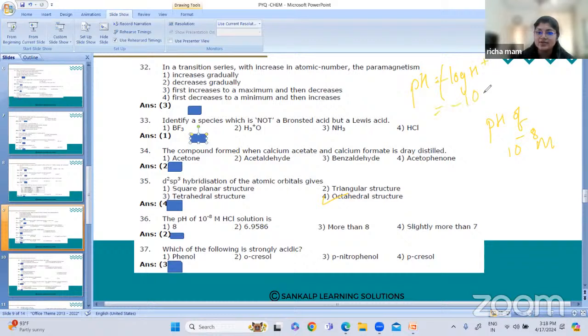So it is minus log of 10 raised to minus 8 M, right? Navishti has answered it as 3. Okay, let us see then.